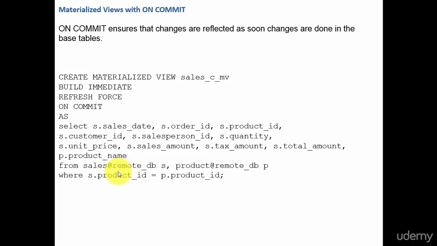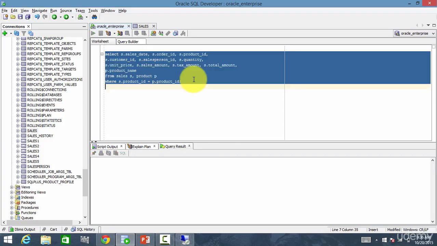I'm accessing sales@remote_DB and product@remote_DB, which means I'm referring to tables present in some other server. But for our demo I'll not be using this because I don't have any remote server, so I will use a local server to demonstrate the creation of the materialized view. So this is the SQL.